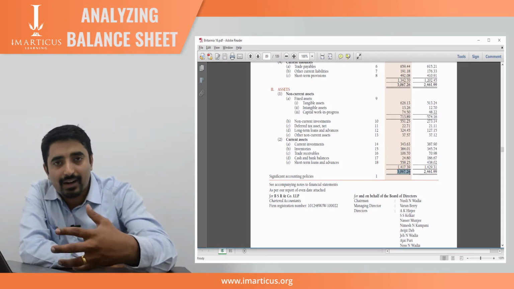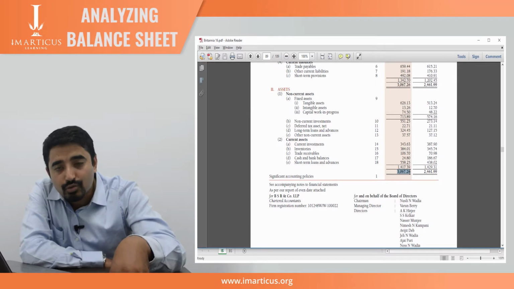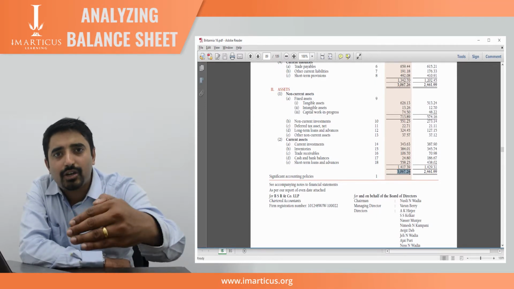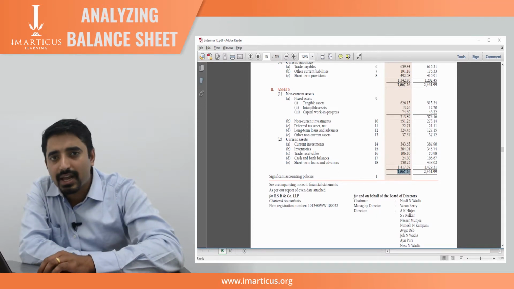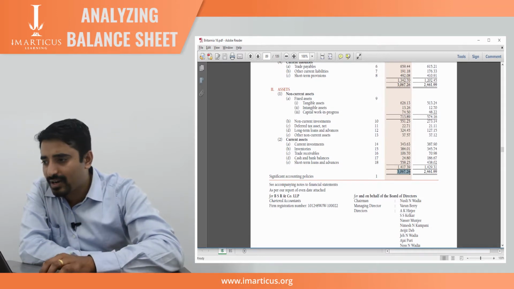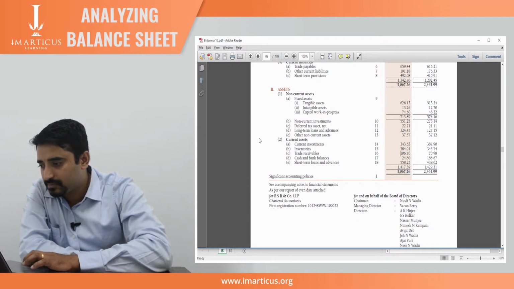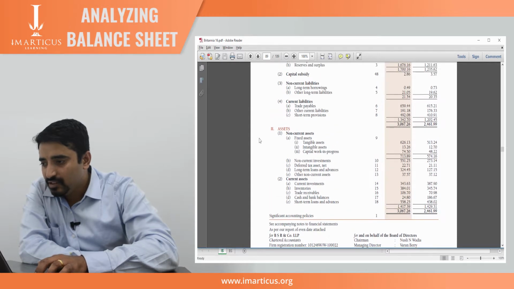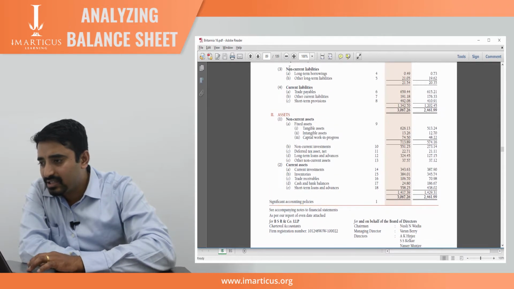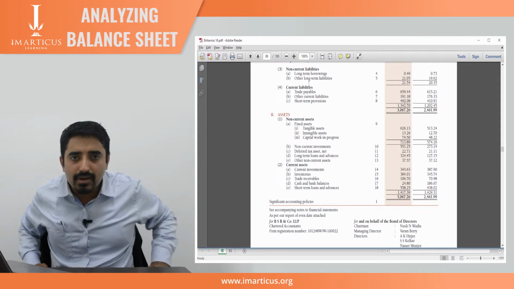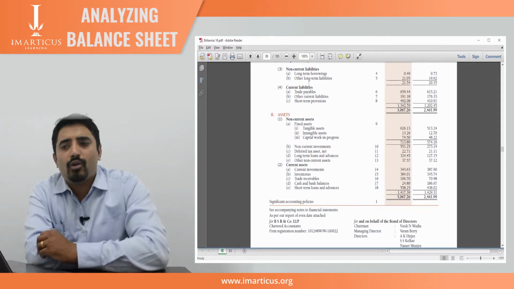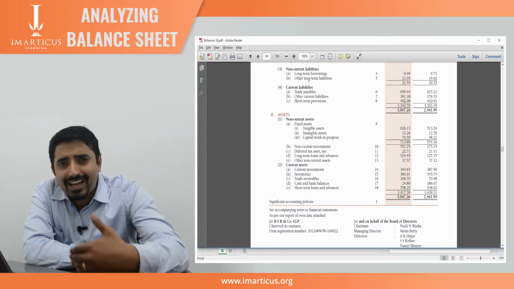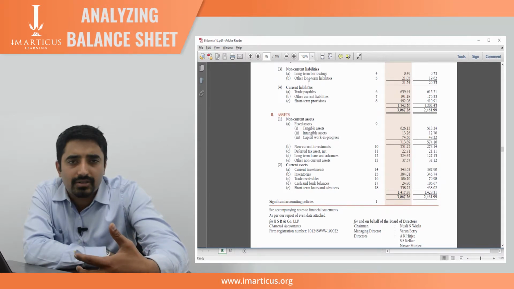Now let us look at that. Who owns these assets? What are the sources of those assets? And that is where we need to look at liabilities and equity. Next, let's just look at the liabilities of this company. So if you see here, what you can see is non-current and current liabilities, right? Now what do you mean by non-current liabilities? Firstly, what do you mean by liabilities?